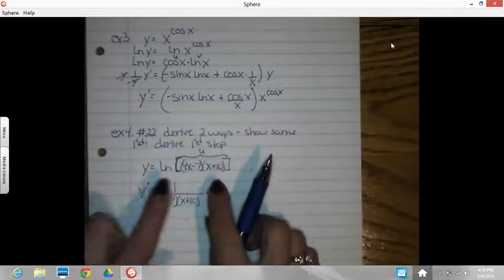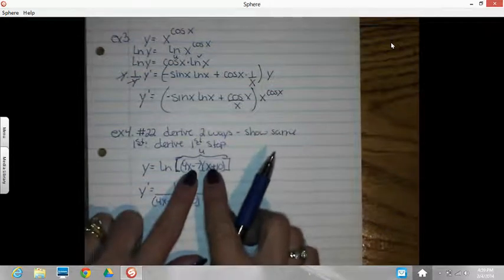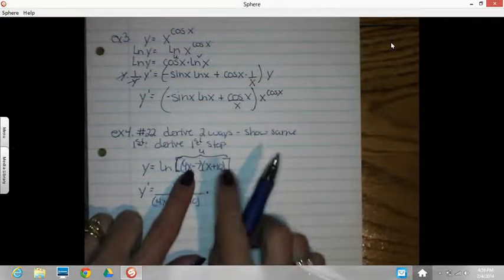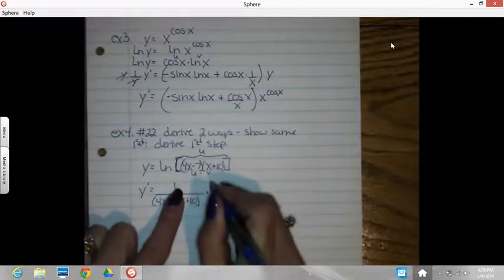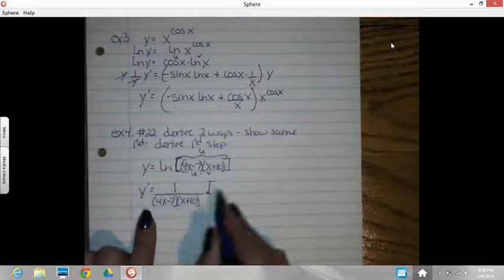Well, if I look, my u is an x term times an x term. That's a product rule here. Inside of here, I've got a u times a v. So I've got to multiply this fraction by a product rule.